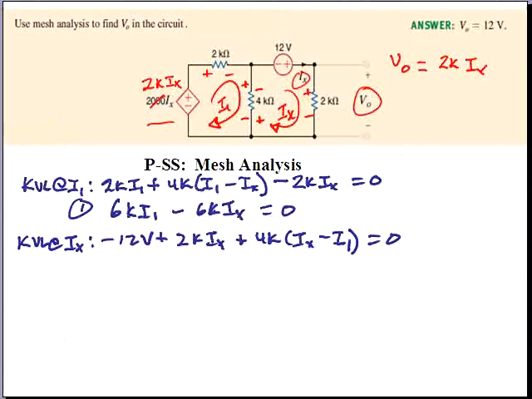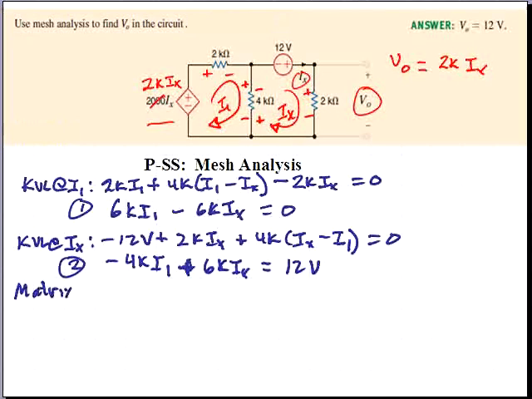Rearranging there, we have minus 4K I1 plus 6K IX is equal to 12 volts. And we'll call that our mesh current equation number 2.